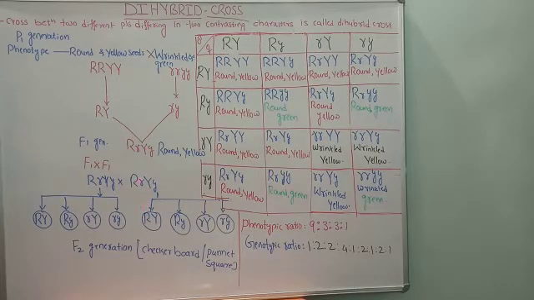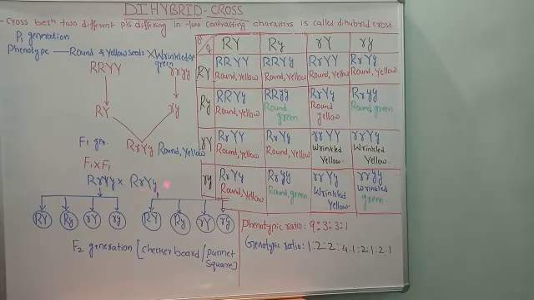While forming gametes, capital R is combined with capital Y. This is one type of gamete. Capital R with small y is the second type. Now that R is over, consider small r. Small r with capital Y is the third type of gamete.